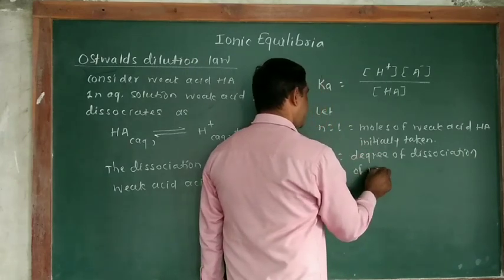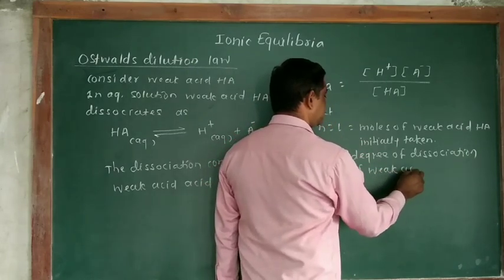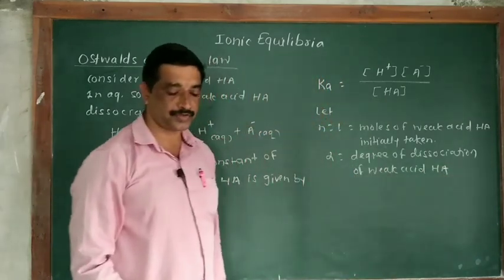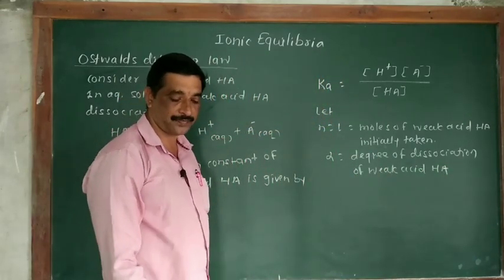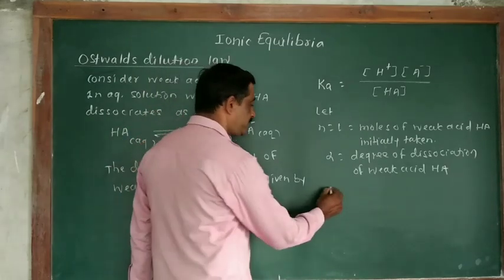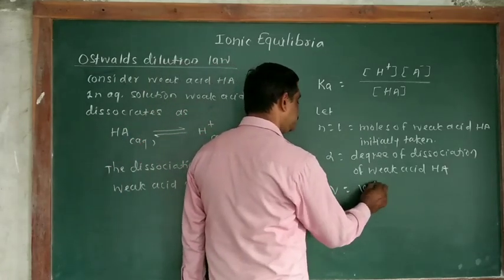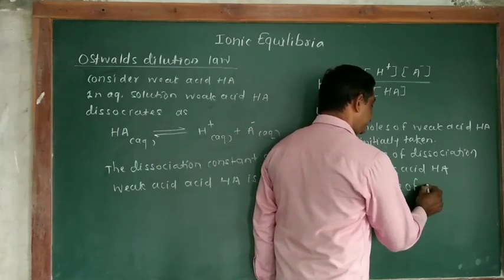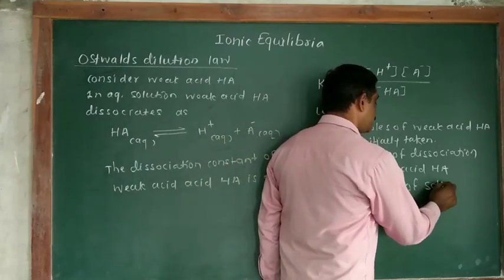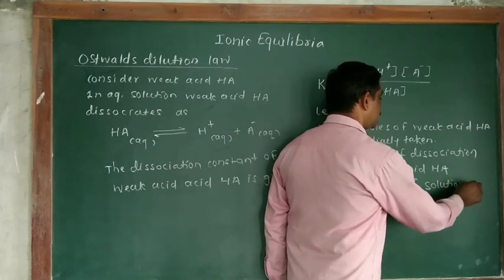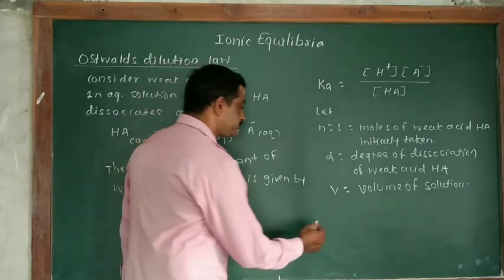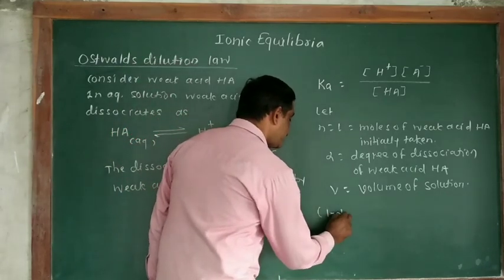Alpha is equal to the degree of dissociation of weak acid HA. V is equal to the volume of solution, that is the aqueous solution of this weak acid, and 1 minus alpha.